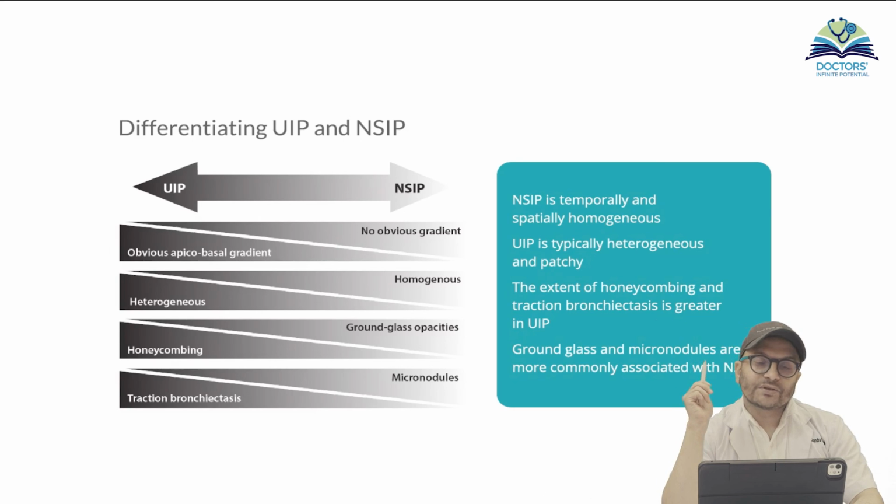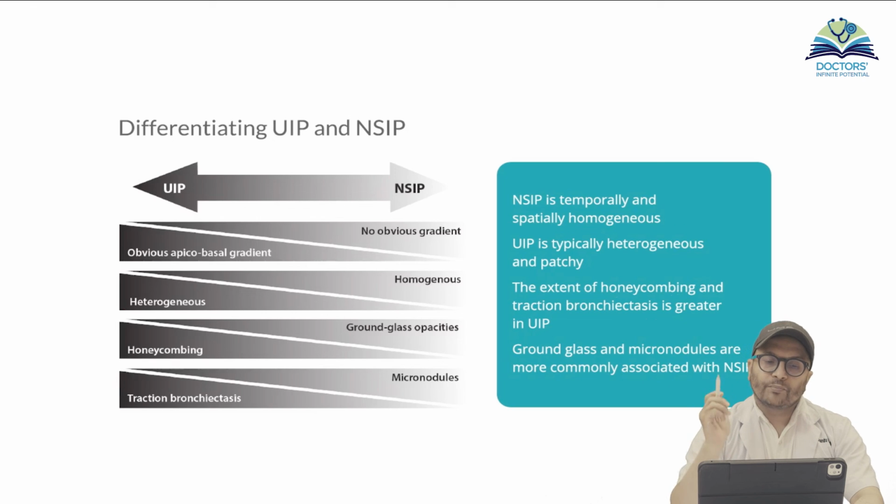This slide shows differentiating features between UIP and NSIP. In UIP, an apico-basal gradient is always or mostly present, whereas in NSIP that is not necessarily important. UIP is always heterogeneous, whereas NSIP is mostly homogeneous.